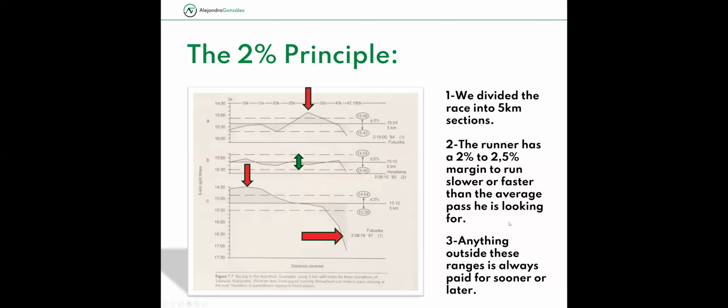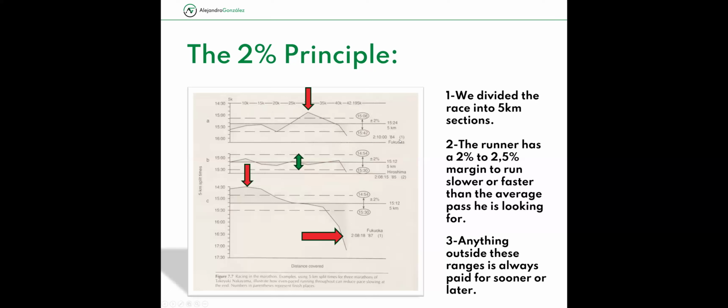As you can see here, the graphic tries to show that when he was faster than the 2% margin in parts of the race, at 10, 15, 20, 25, and at kilometer 30, he tried to run faster than the 2%. At the end, he started to lose efficiency and lose speed in the race.